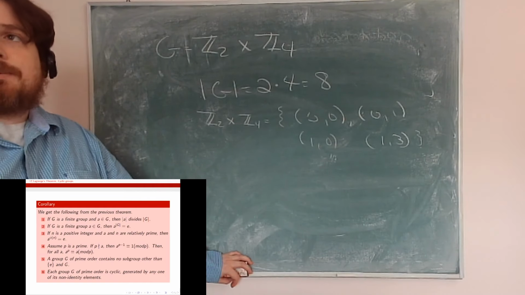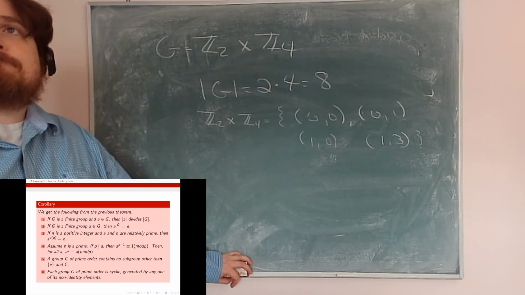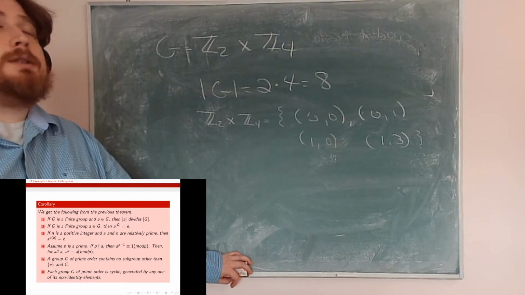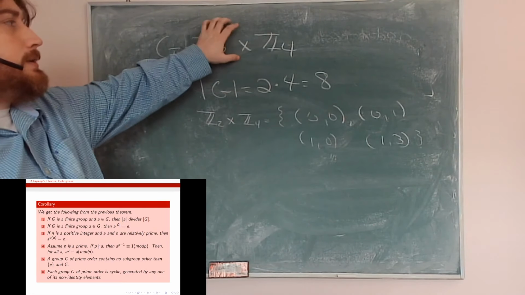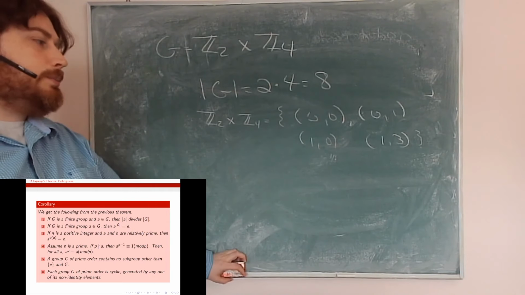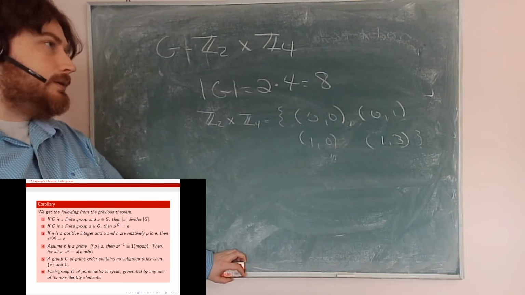Any questions on that one at all? So, just to point out, if we use Lagrange's theorem, the cardinality of this group is 8. So if we find a subgroup of this group, what are the possibilities for the orders of subgroups?